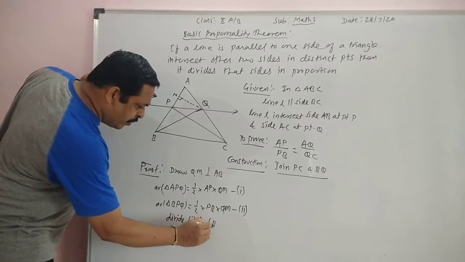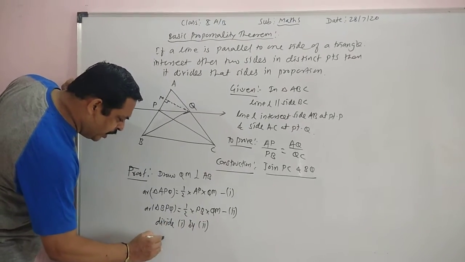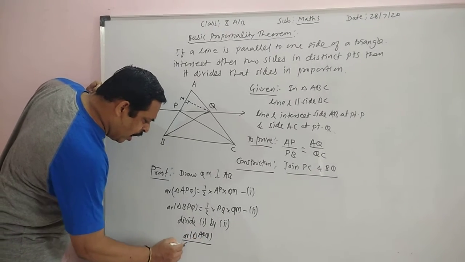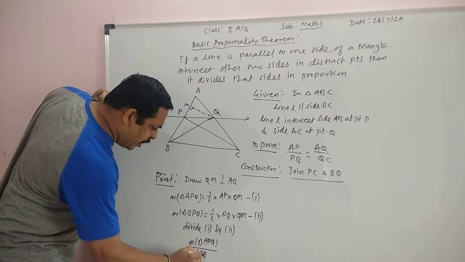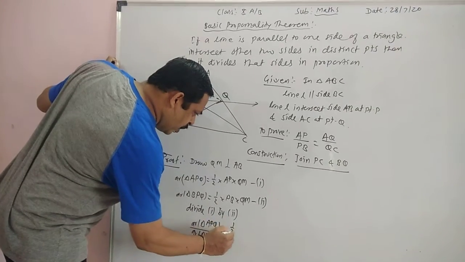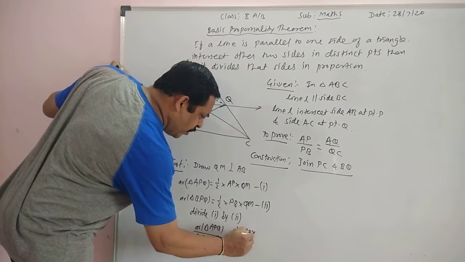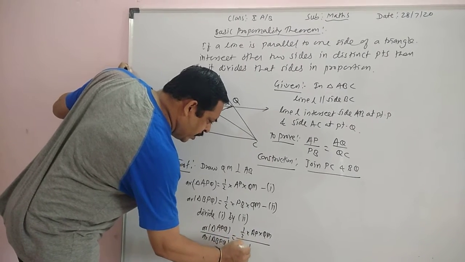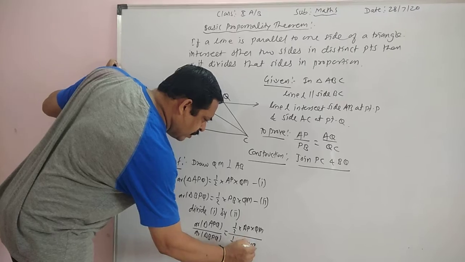Then area of triangle APQ upon area of triangle BPQ equals 1 by 2 AP into QM upon 1 by 2 PB into QM.